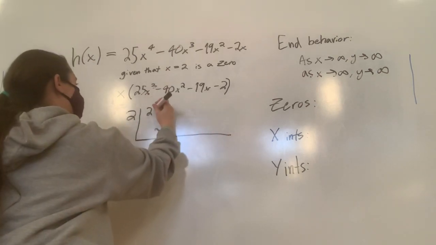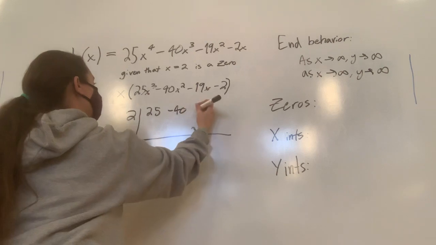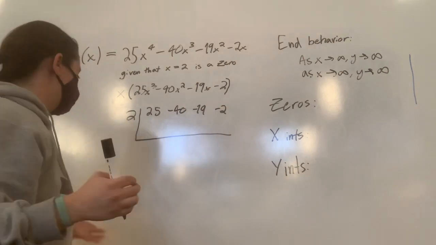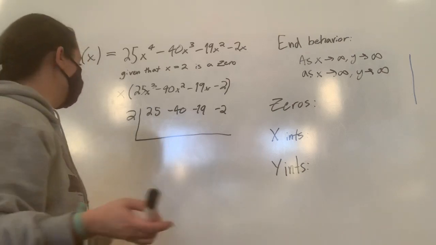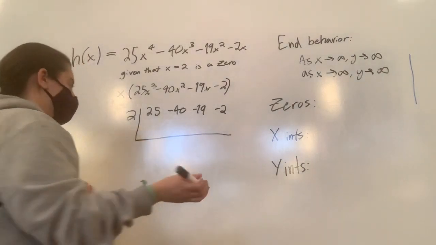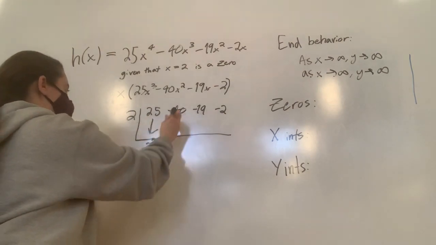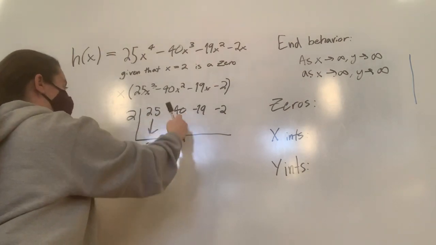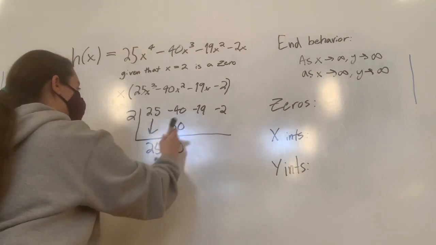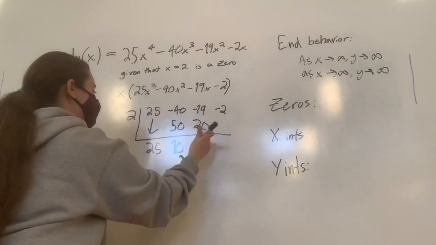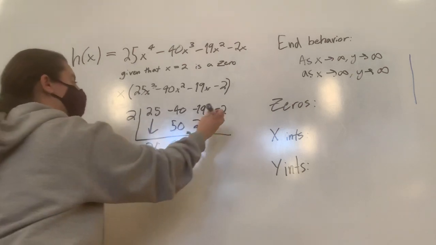I'm going to pop in the coefficients over here. Since it's divisible, we know that it's going to even out. So we do the division. We bring down the 25, multiply by 2 is 50, add these and we get 10, times 2 is 20, minus 19 is 1, times 2 is 2.